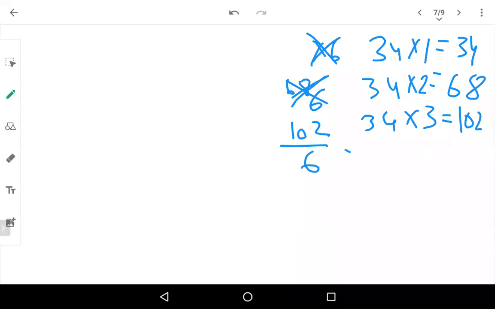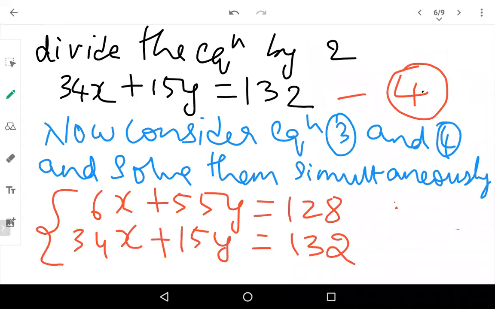Correct? So 17, which means for equation 3, if I multiply that by 17, I will get 102. And for 34, if I multiply it with 3, I will get 102. Understood?